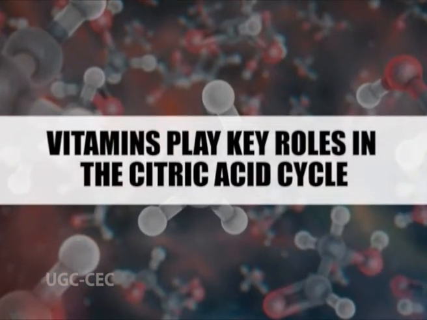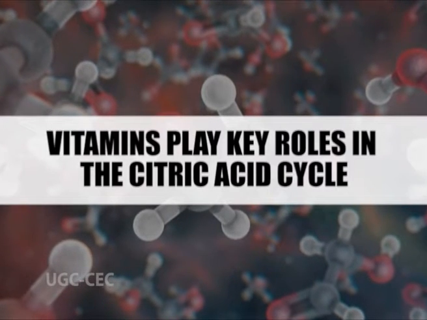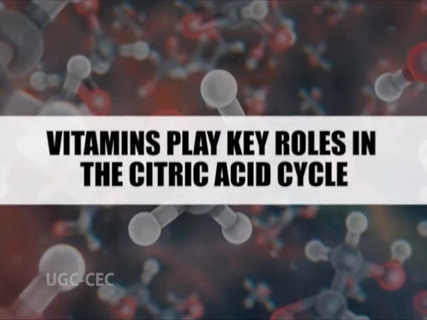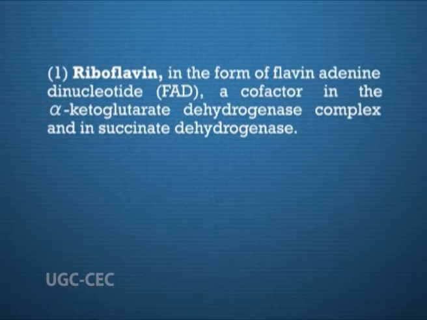Vitamins play key roles in the citric acid cycle. Let's see how. 4 of the B vitamins are essential in the citric acid cycle and therefore in energy-yielding metabolism. Number 1, riboflavin in the form of flavin adenine dinucleotide, FAD, a cofactor in the alpha-ketoglutarate dehydrogenase complex and in succinate dehydrogenase.